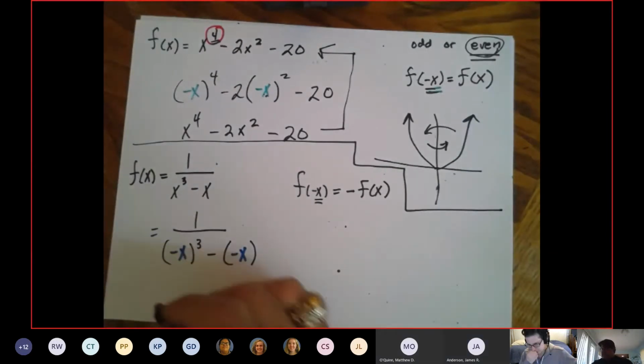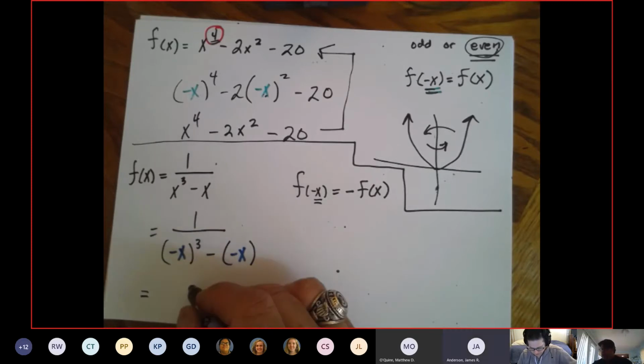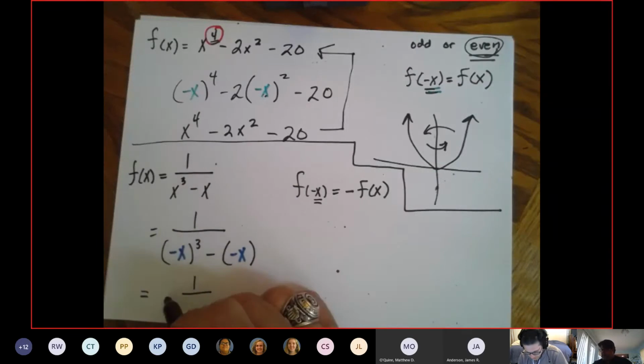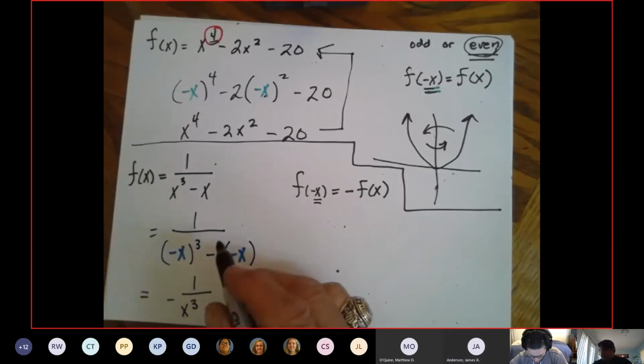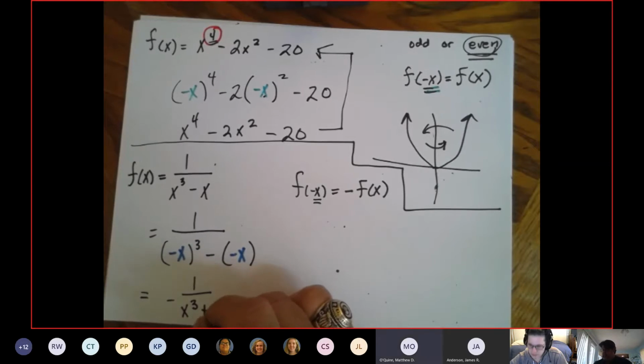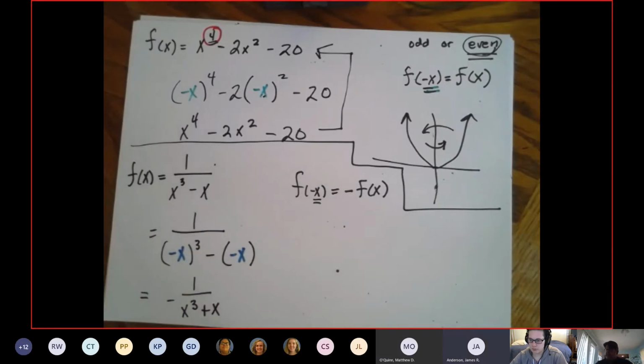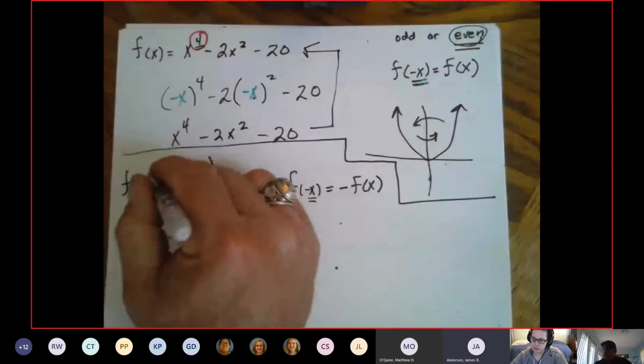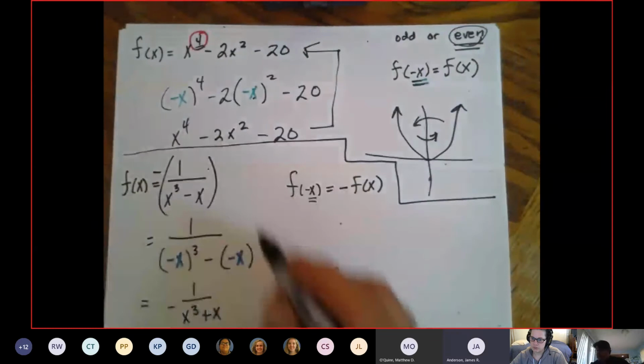And that's going to give me 1 over, well, that's going to be a positive, but this is going to be a negative, so that negative can come out. We'll put it right there, negative x cubed plus x. Well, if I put a negative in front of this, what will that give me?